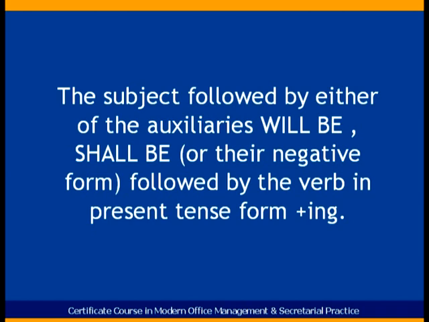The construction of the sentence would be the subject followed by either of the auxiliaries will be, shall be, or their negative form, followed by the verb in present tense form plus ing.